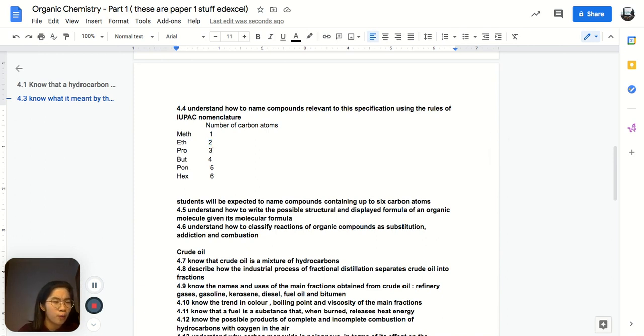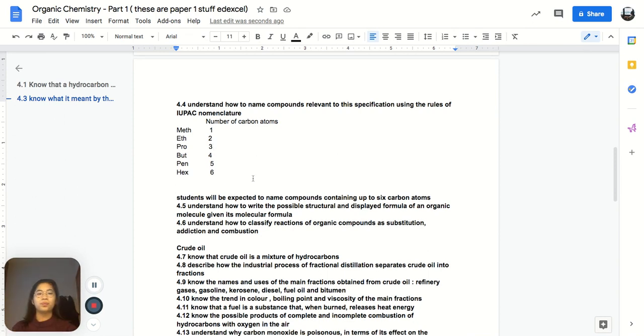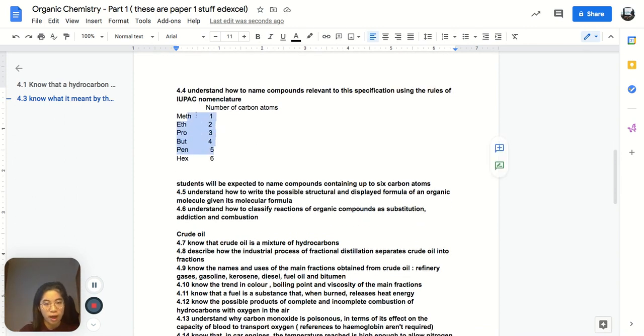And you probably wonder why it's not called ethane, but I will tell you guys later on why it's not called ethane when it's C2H4. But when it's C2H6, then it's ethane. So for now, you just got to remember that. But how I remember before is just kind of remember MEPBPH.